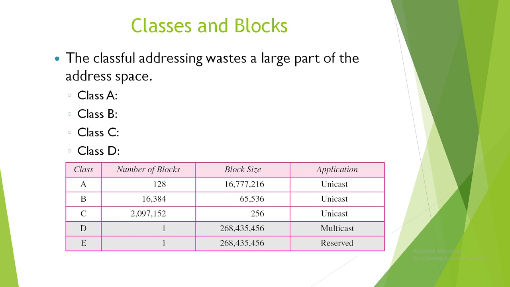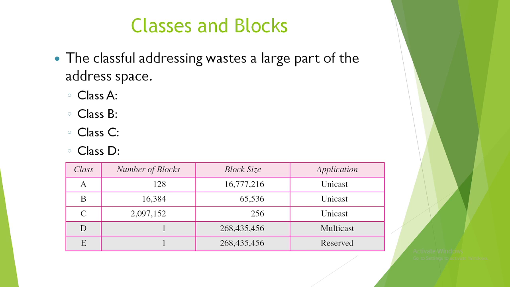Classful addressing divides the address space into large parts. Class A has 128 blocks, and the application is unicast. Class B has 16,384 blocks, the block size is 65,536, and it is also unicast.